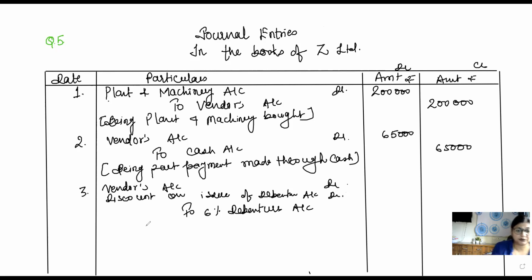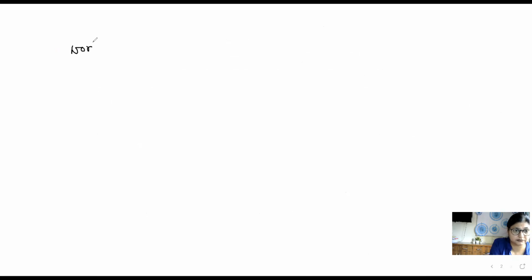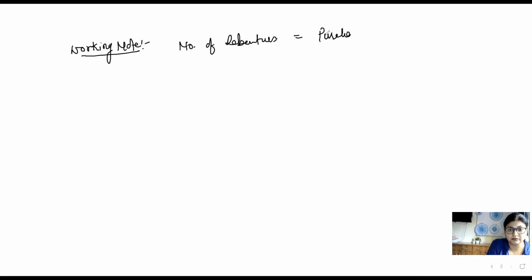Now here we will have to do the calculation. So we will go to the next page and in the working note we will calculate the number of debentures. The formula is purchase consideration divided by issue price of debenture.